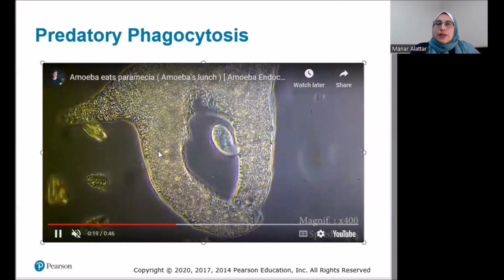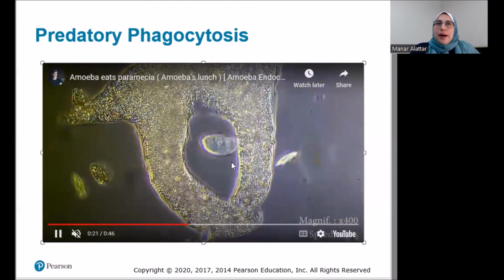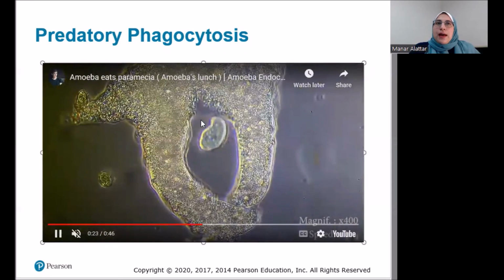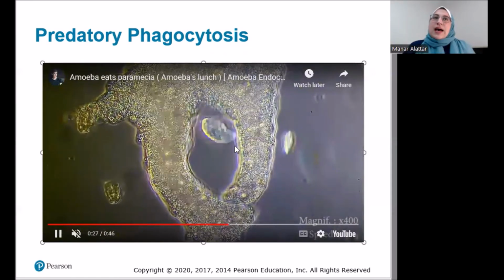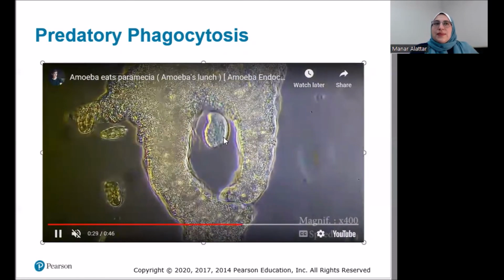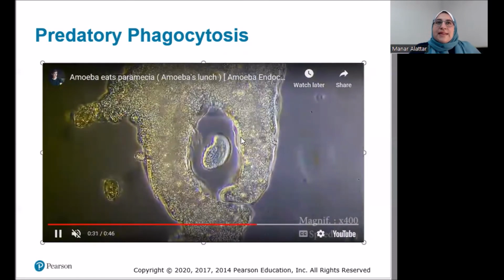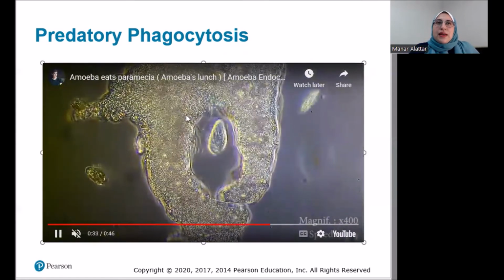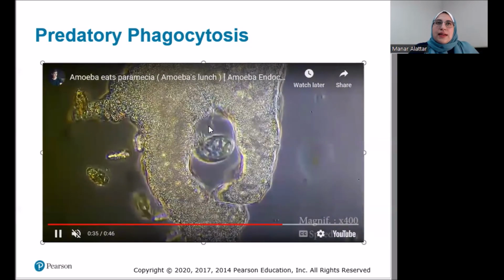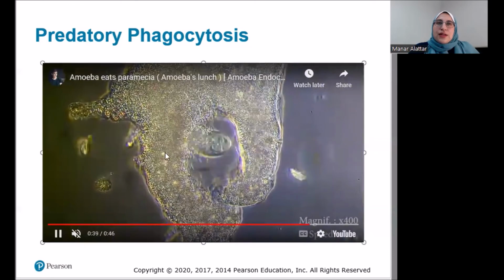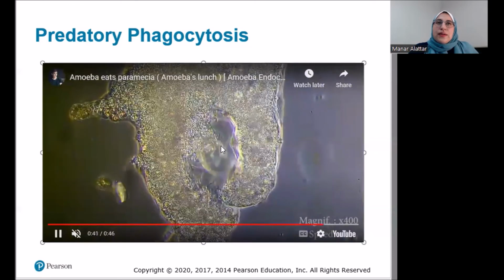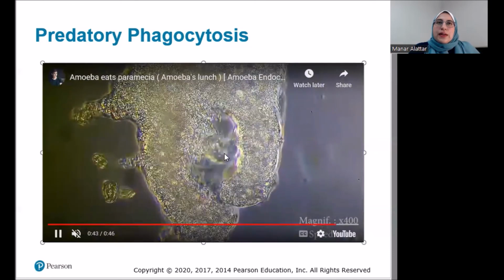So the membrane is going to start to close off at the top and the bottom of this field of view. And that's going to create a vesicle around that protist. Okay, so you can see the membrane forming here. And then on the bottom of the slide there, it's going to cover and actually completely engulf this protist.